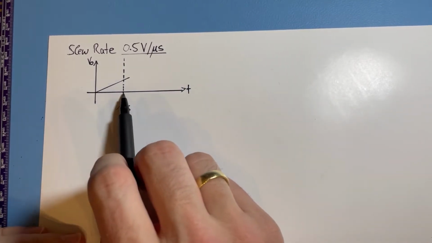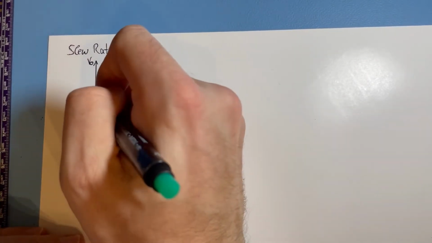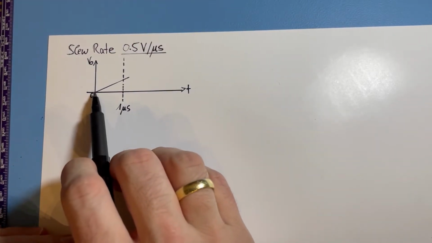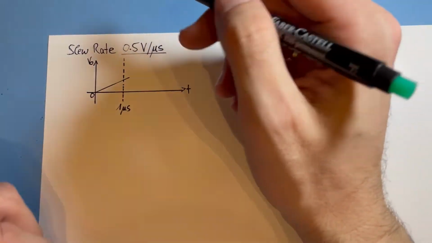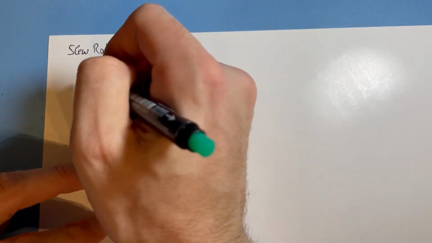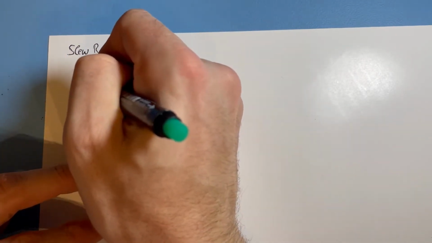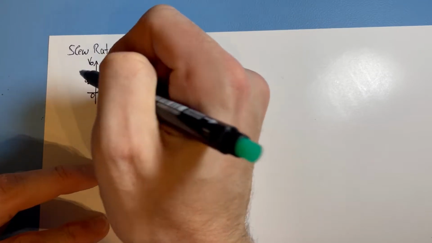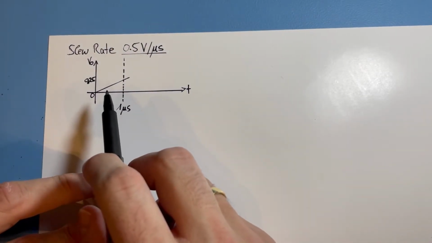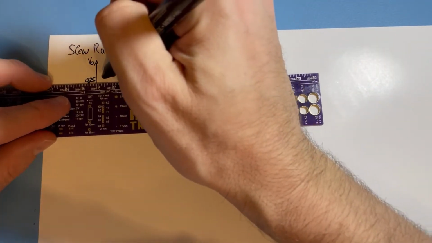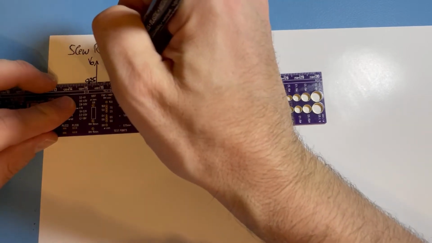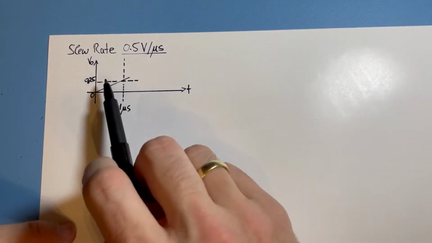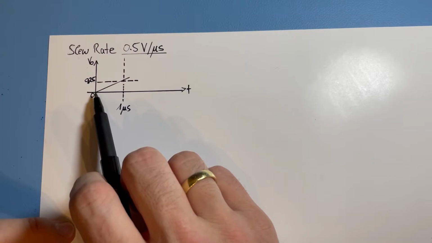In 1 microsecond, our device has risen from 0 volts to, let's say, 0.25 volts. So to a quarter of a volt it has risen, and that's what we really wanted. Let's mark that voltage line here.